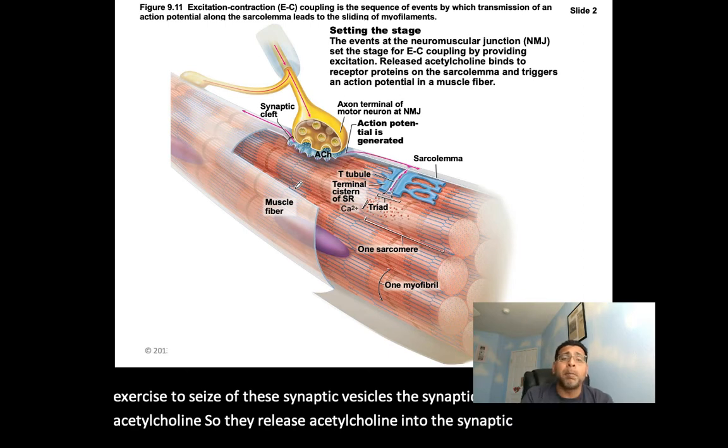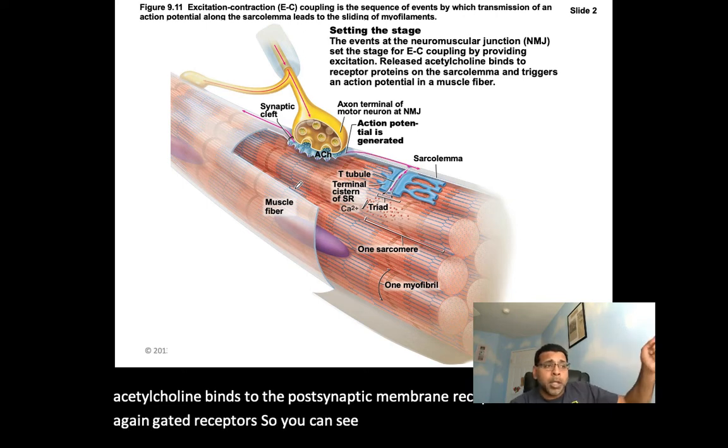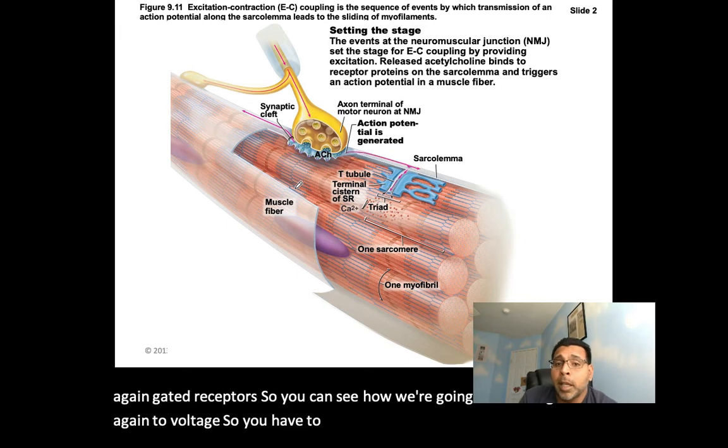The acetylcholine binds to the postsynaptic membrane receptors, which are ligand-gated receptors. So you can see how we're going from voltage to ligand to voltage. You have to be able to explain these different receptors you're seeing there.